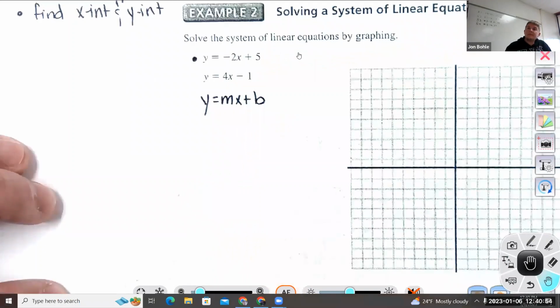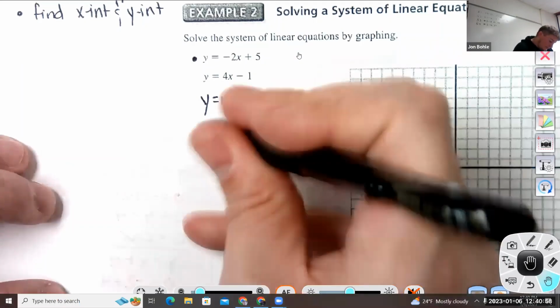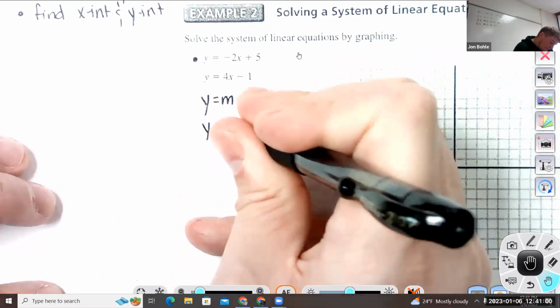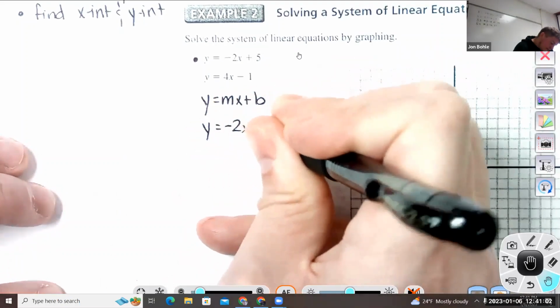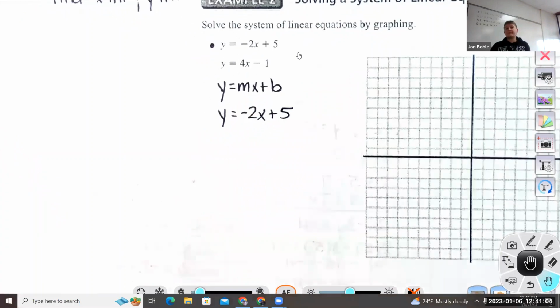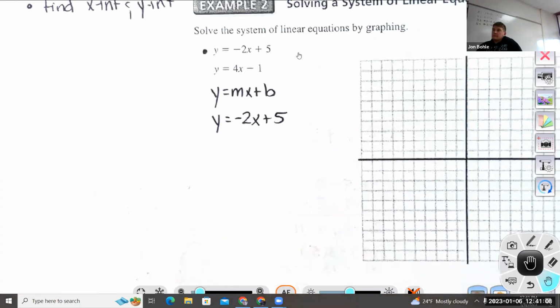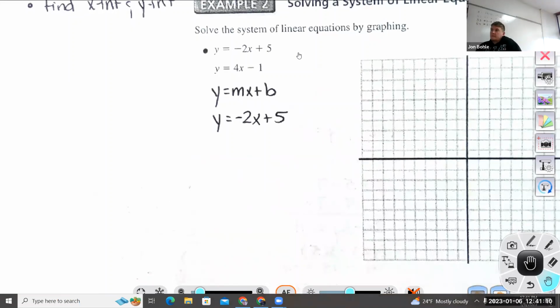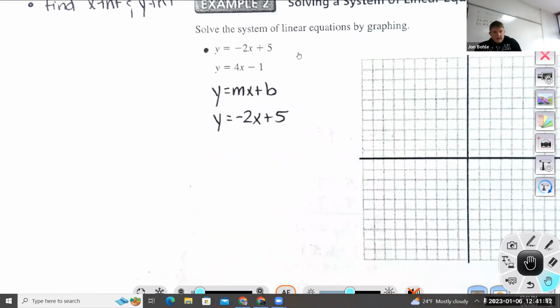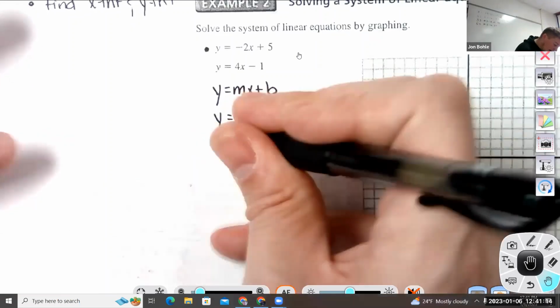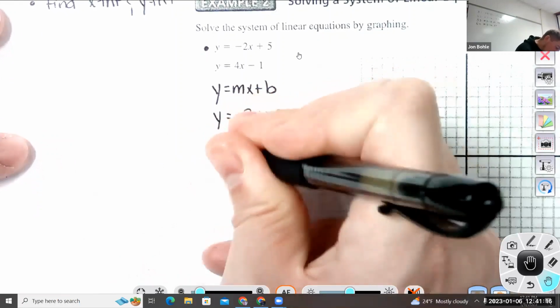It's in this method. This is what it looks like. And I need to find my m value and my b value.